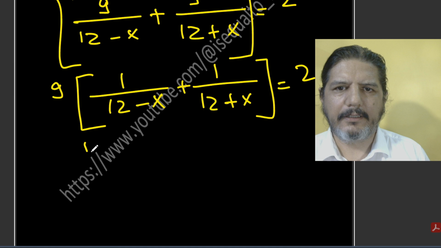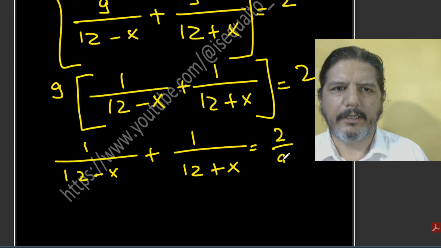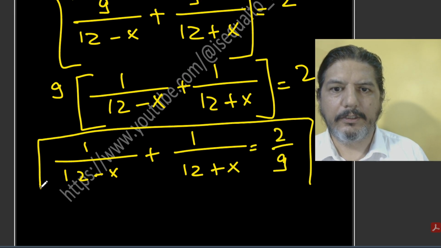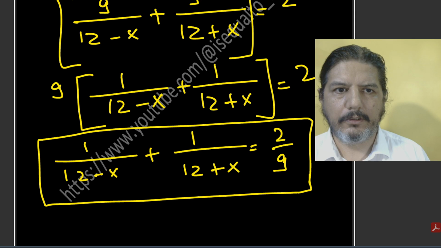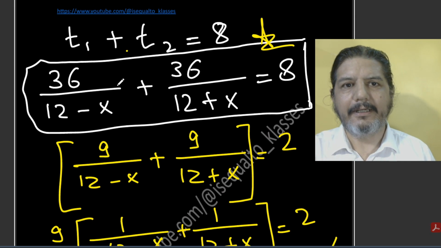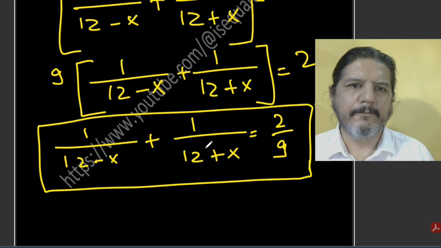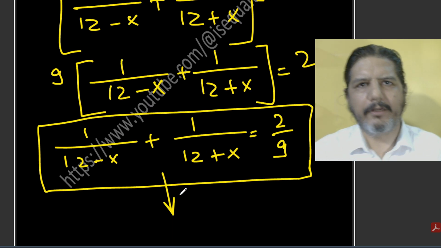This I can write as 1 upon 12 minus x plus 1 upon 12 plus x is equal to 2 upon 9. So this is a far easier equation to solve than this, because it has 36, 36, 8. Here you have only 1, 1 and 2 by 9. And then we'll have to solve this to find the value of x.